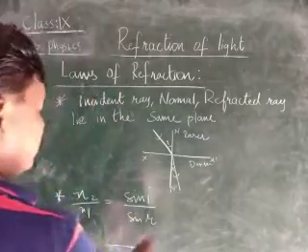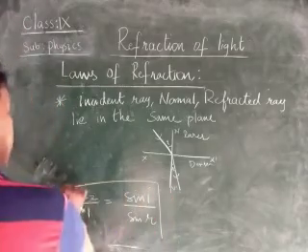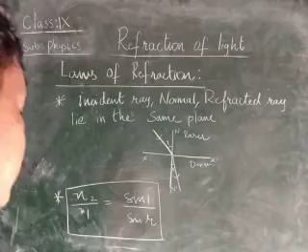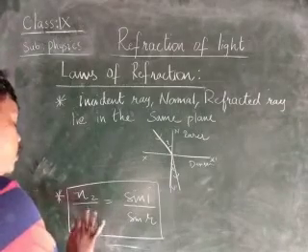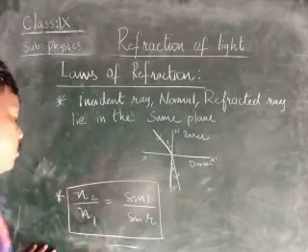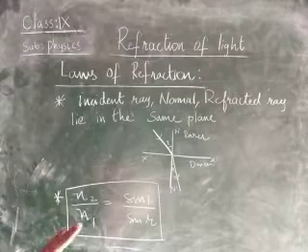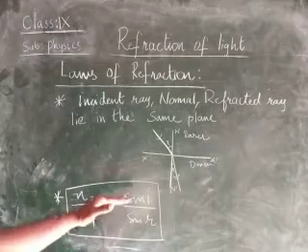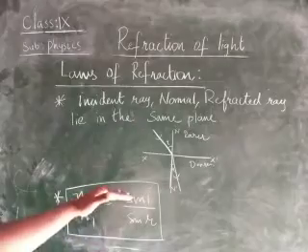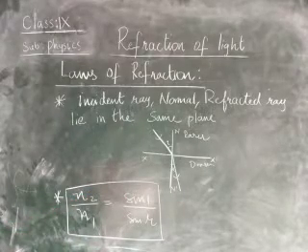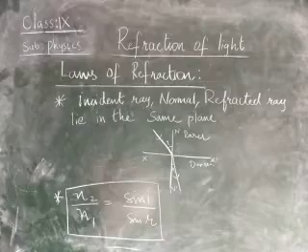N2 is the refractive index of the second medium, and n1 is the refractive index of the first medium. And here sin i by sin r means we are finding the sine of the angle of incidence and the sine of the angle of refraction, children.